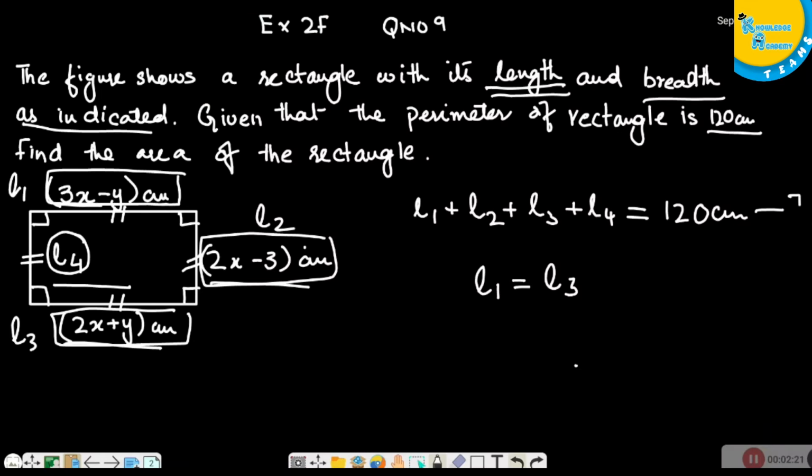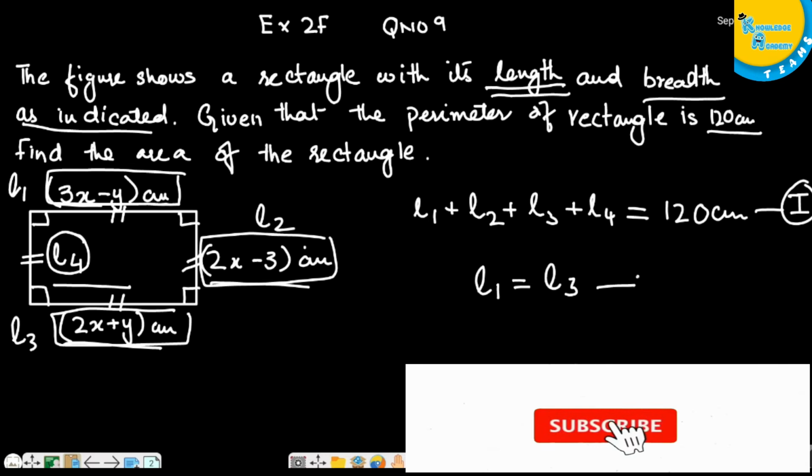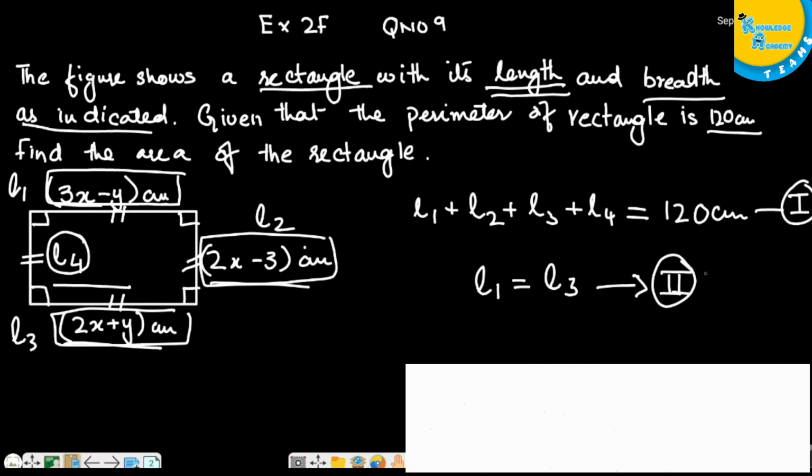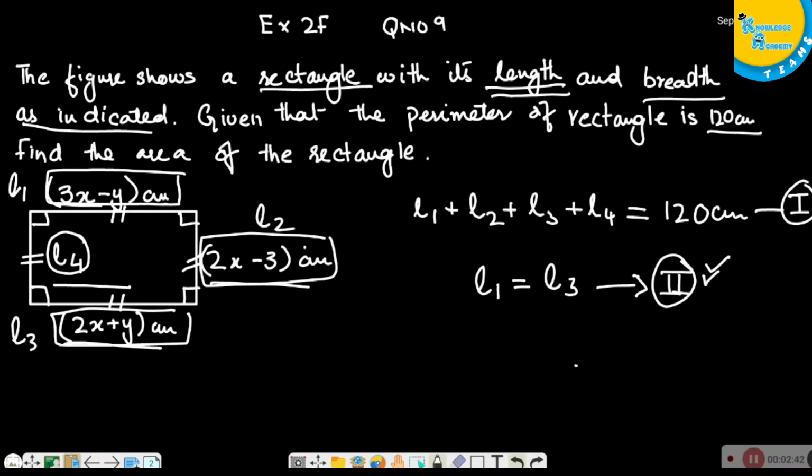Let's call these given condition number 1 and given condition number 2. First I'm going to deal with given condition number 2. I'm going to put the values of L1 and L3 and find one equation. So let's do it.